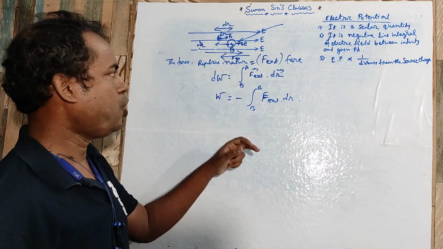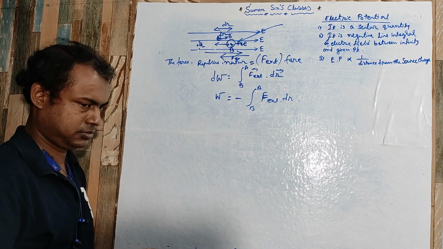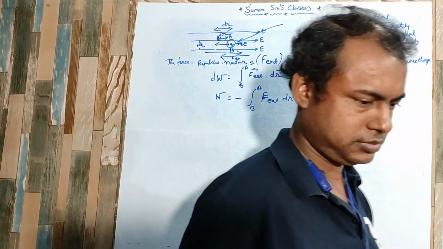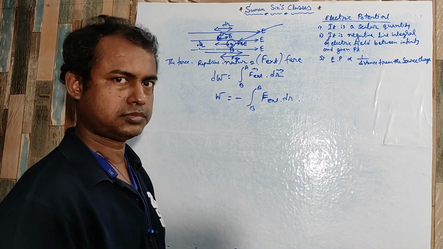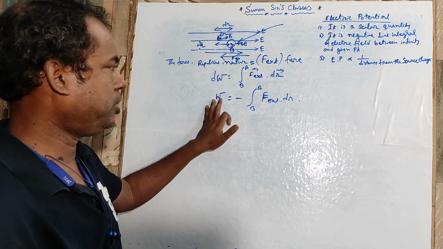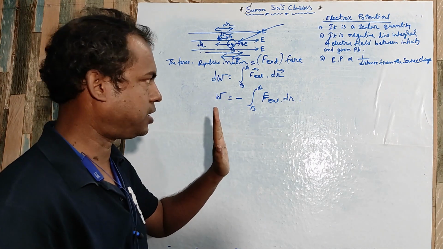Okay, so now we move to the next part. W equals minus integral from A to B of F external dot dr. This is the part.